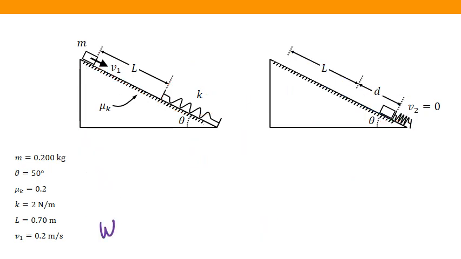To answer the question of how much work is done by non-conservative forces, we need to determine what the forces on our system are. Now, we're going to need to be careful because once we determine our forces on our system, remember the force of gravity and the force of the spring are actually already taken care of by our conservative force.